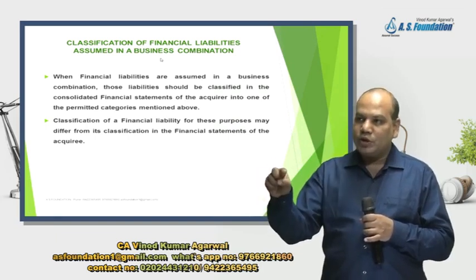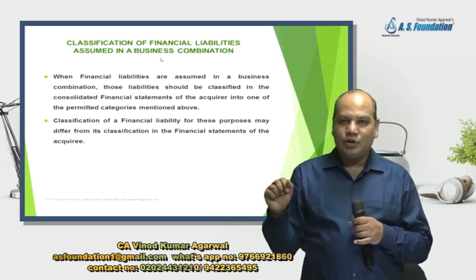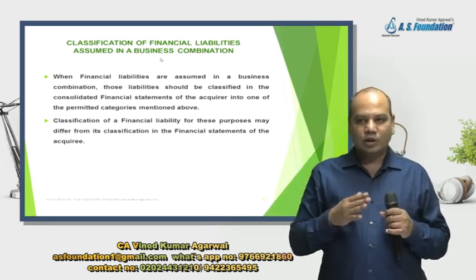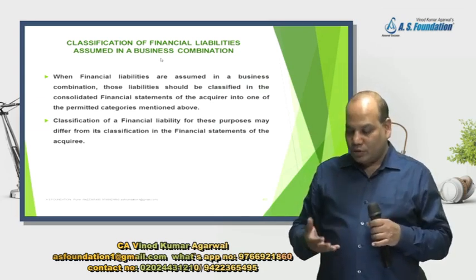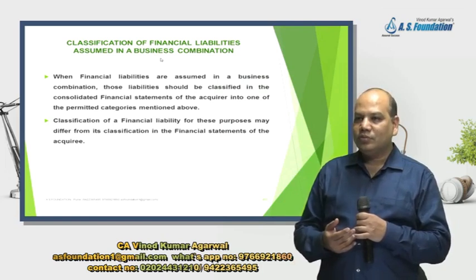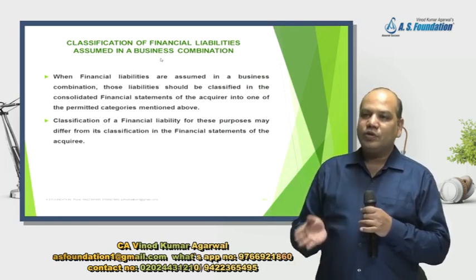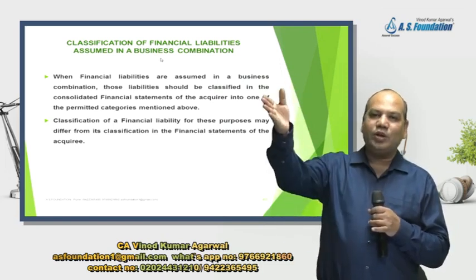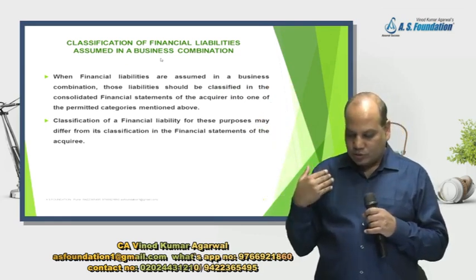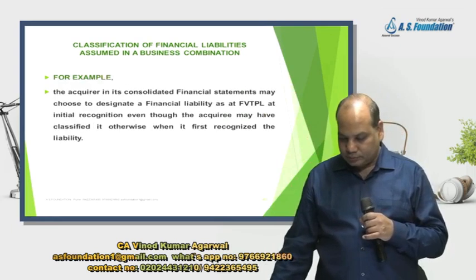Do you need to use the same classification at which it is appearing in the books of acquiree? No. What the acquirer will do, it may either use the same classification or it may change the classification. So they might be showing it at FVTPL, but I may show it as amortized cost or vice versa.